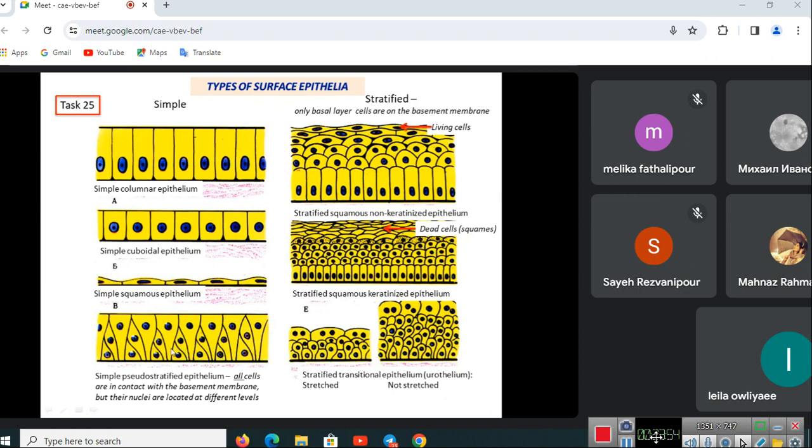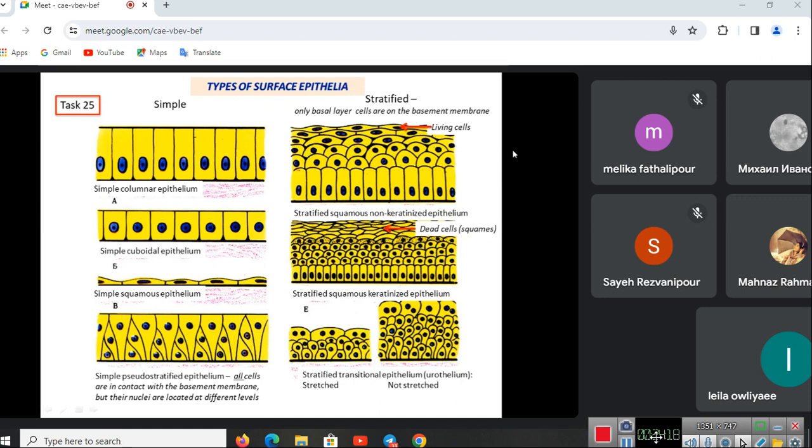Those which are shorter and closer to basement membrane are stem cells. Those which are somewhat higher are the cells in the process of differentiation, and the highest cells, which reach the surface of this epithelium, are the mature, fully differentiated cells.